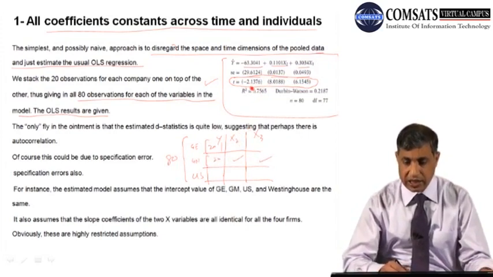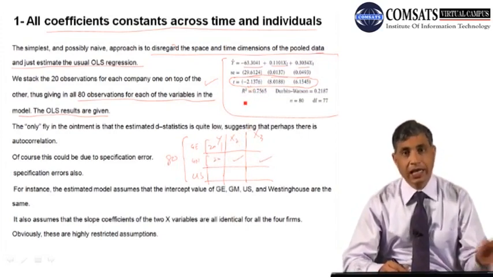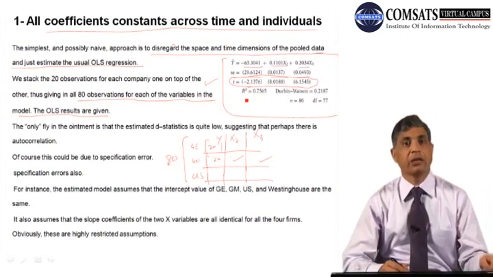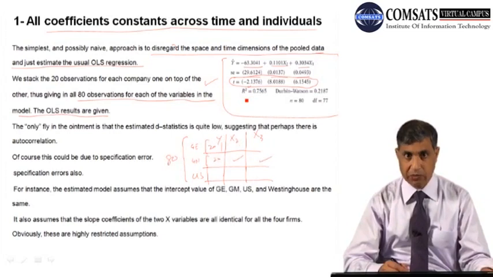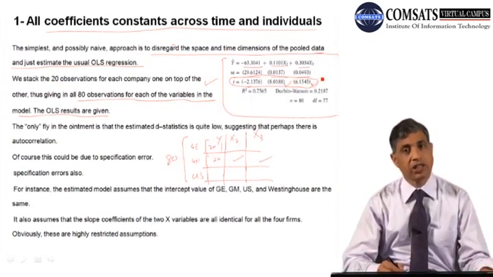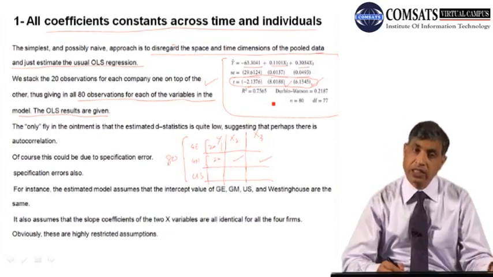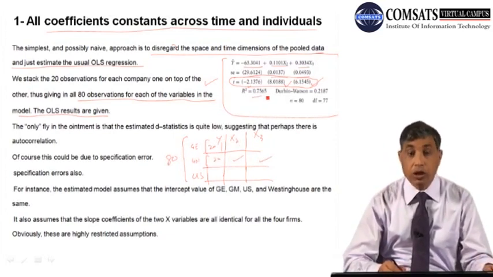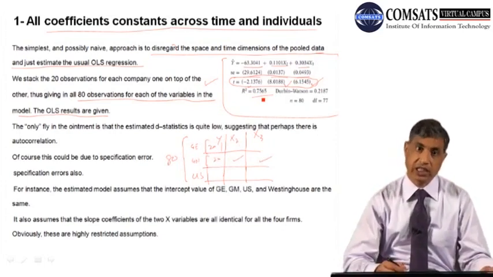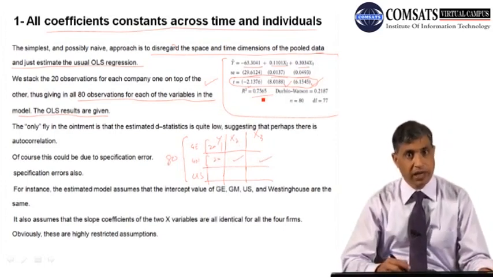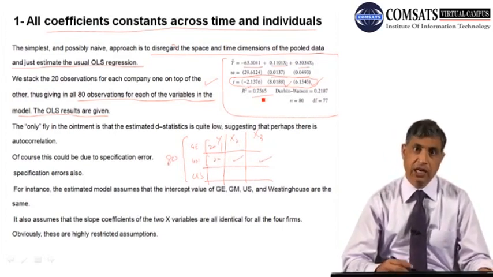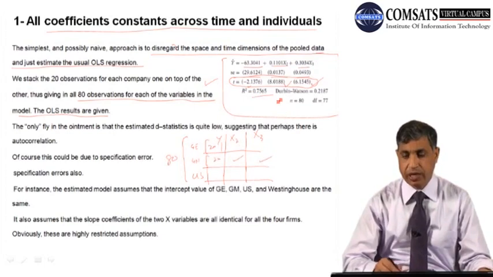Here is minus 2.13. As the t statistic goes beyond 2, we say that the estimator has become significant. Here it is highly significant, here it is highly significant. It means the model was correct. R square is a good measure, and it is 75%. We are satisfied that our model is explaining 75% of the variation in the dependent variable.